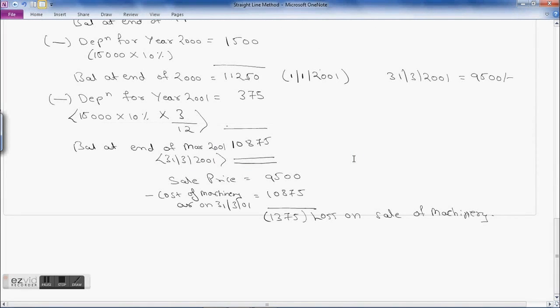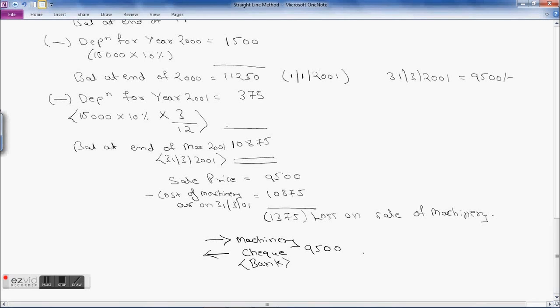Now the machine is being sold for 9,500. So what has happened? Machine has gone out of business, and we have received a check of 9,500. That is, we have received an amount in bank. So what will be the entry here for sale of machinery? Machinery account has been credited because machinery is going out. Machinery is a real account. Credit what goes out, debit what comes in, right?